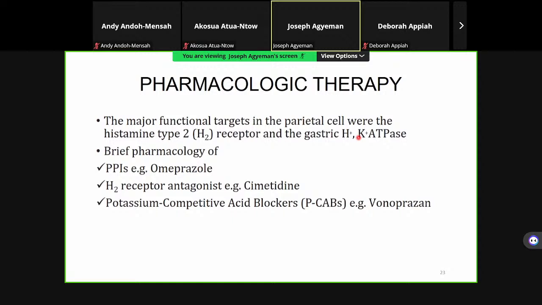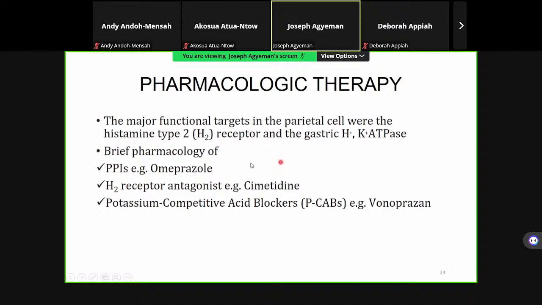For all you know, you never know. It may misbehave and give you those problems. So the M3 receptor is not a major target when it comes to current treatment of peptic ulcer disease, but rather the histaminergic H2 receptor and the hydrogen potassium ATPase.